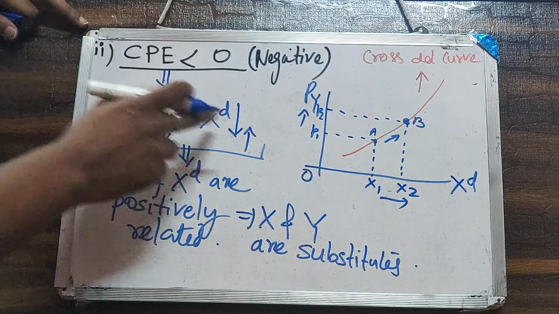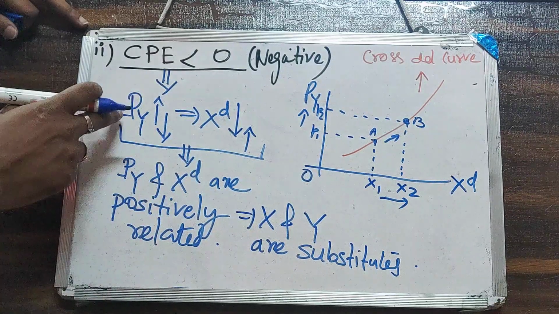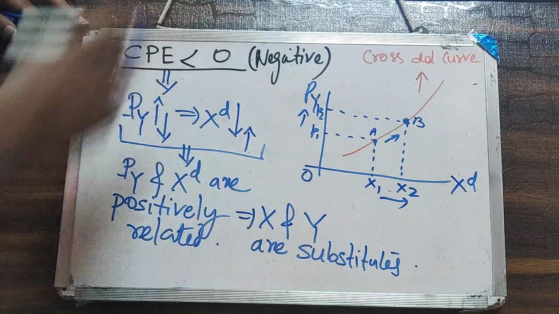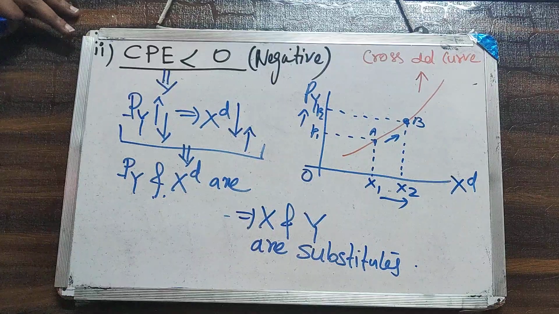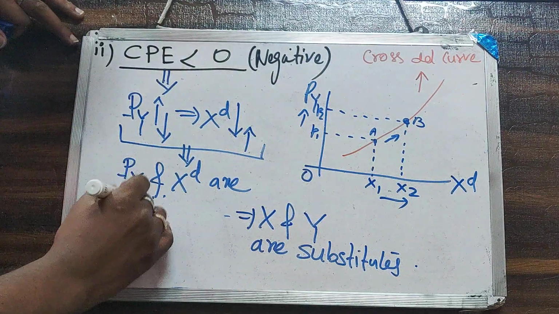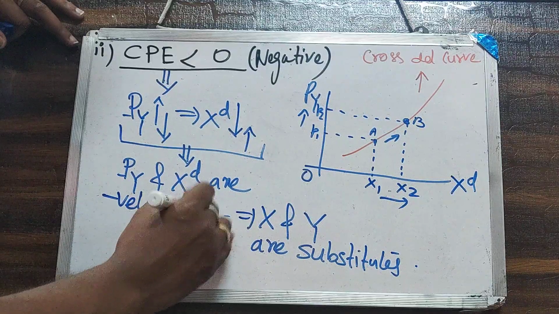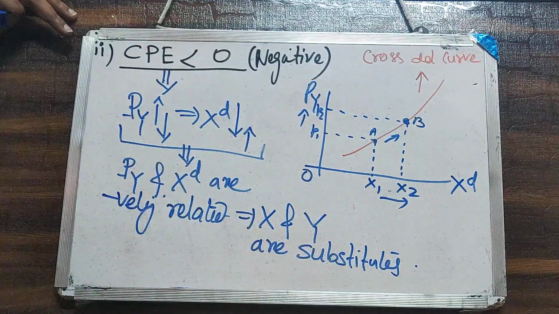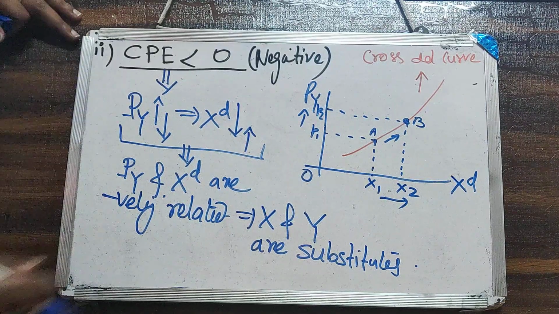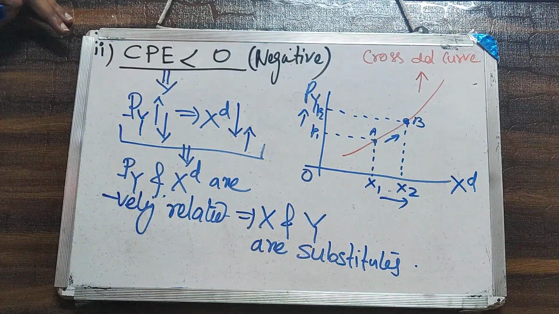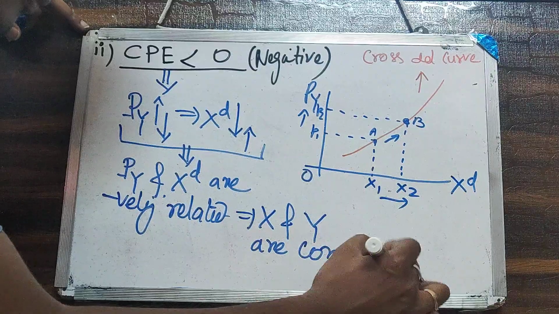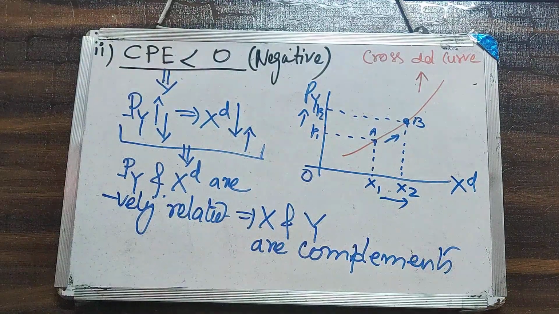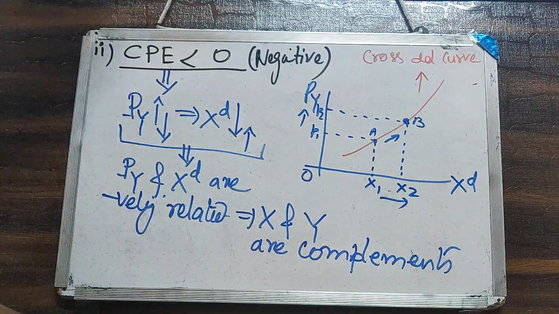That means when Py is increasing, demand for X is going down, and when Py is decreasing, demand for X will go up. This means that Py and Xd are negatively related to each other. Hence, we can say that here X and Y are not substitutes, rather they are complements to each other. Example: tea and sugar, pen and ink, car and petrol.